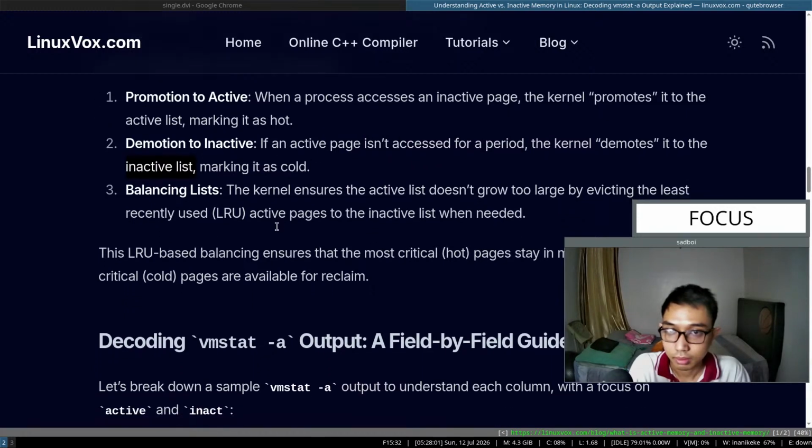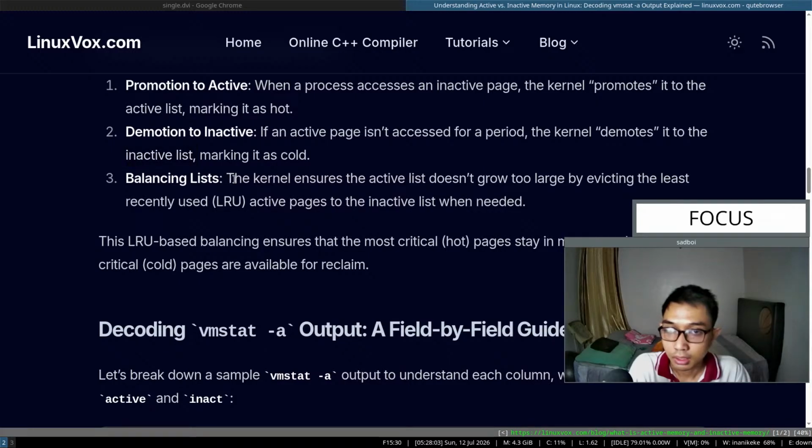Okay. Balancing the list. The kernel ensures the active list doesn't grow too large by evicting the least recently used active page to the inactive list when needed.